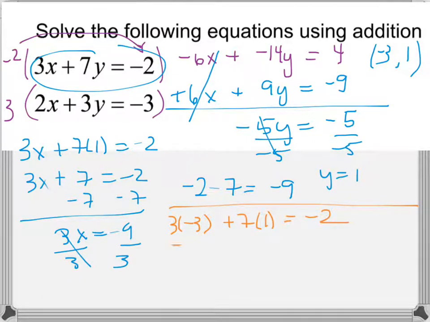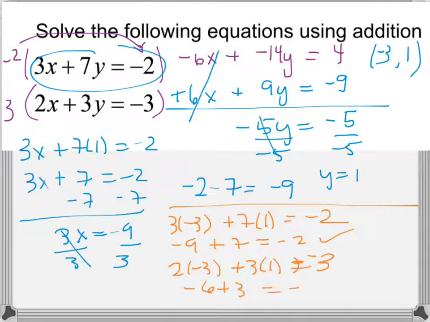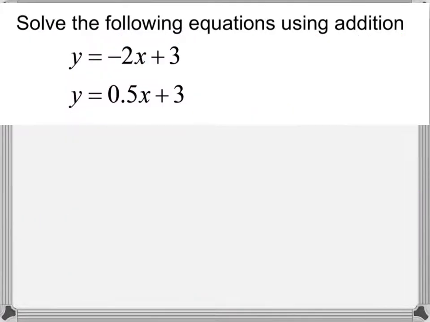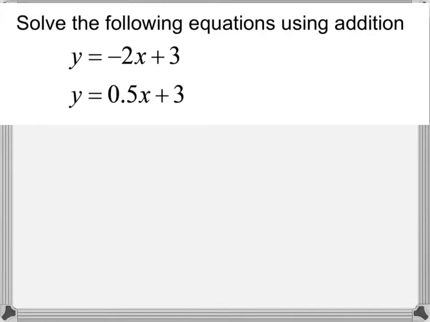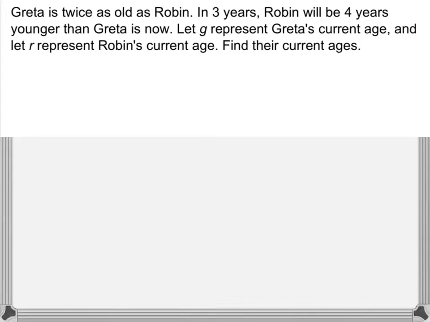Okay, and that's, yep, that's negative 9 plus 7 equals negative 2. That's fine. And then 2 times negative 3 plus 3 times 1 should be equal to negative 3. Negative 6 plus 3 equals negative 3. Okay, good.